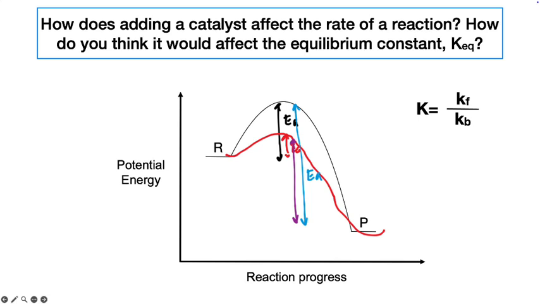Okay? So adding a catalyst does not change the balance of our equilibrium. We still have the potential to go to reactants and products. So our K expression stays constant. But adding a catalyst does give us an extra benefit. The extra benefit of a catalyst is that when do I achieve equilibrium?